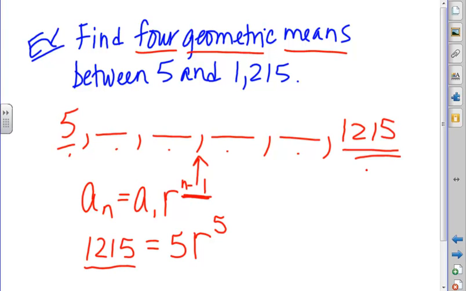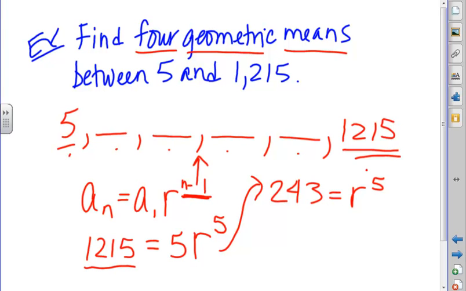Solving this equation here, I can figure out what the common ratio is. If I take 1215 and divide that by 5, I get 243 equal to r to the 5th. It should be comfortable, hopefully, that if it said r squared equal to 243, you take a square root.